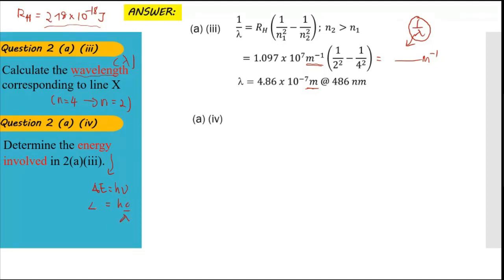And you also have another delta E formula, which is a combination of Planck's and Rydberg's equation: RH times (1 over ni square minus 1 over nf square), with ni and nf. When you use this formula, it gives you either a positive or negative answer, depending on whether the initial is bigger than the final or smaller than the final.